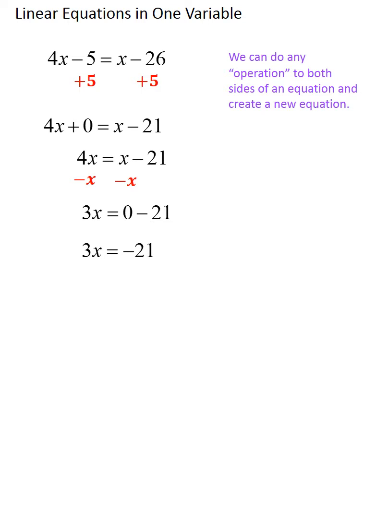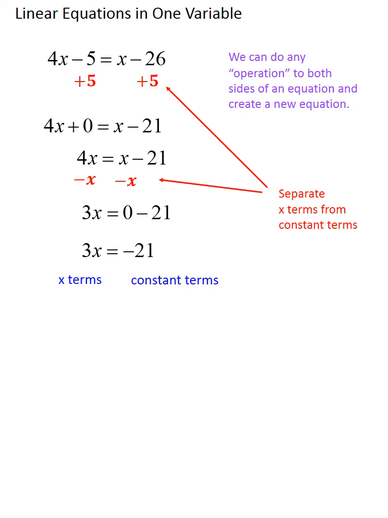At this point, I could choose to look at these and talk about why I made those choices in the first place. I like to make choices that separate the x terms from the constants. By that I mean these choices led for my x terms to all be on the left and my constant terms, the terms without x's, to be on the right.